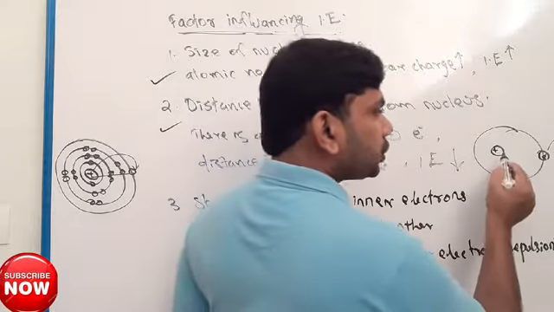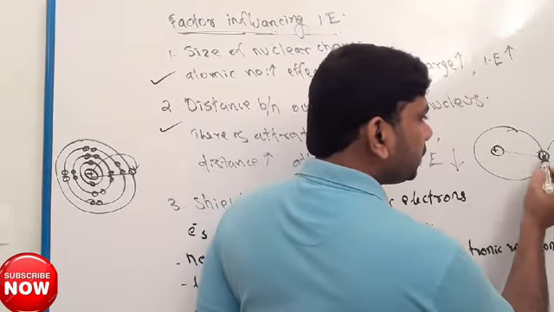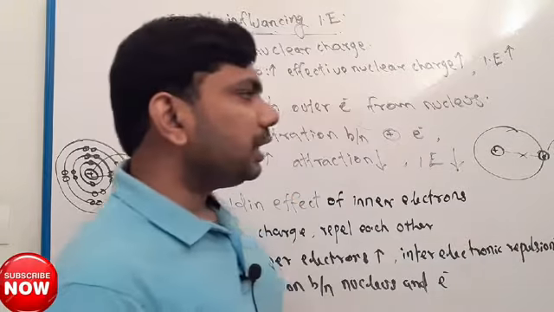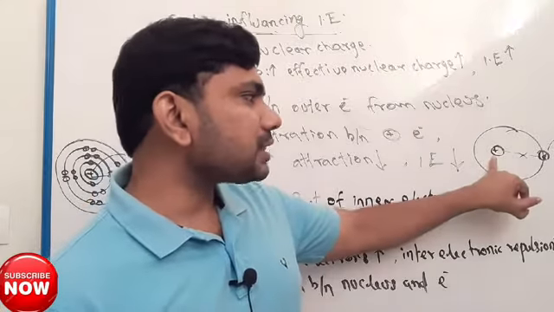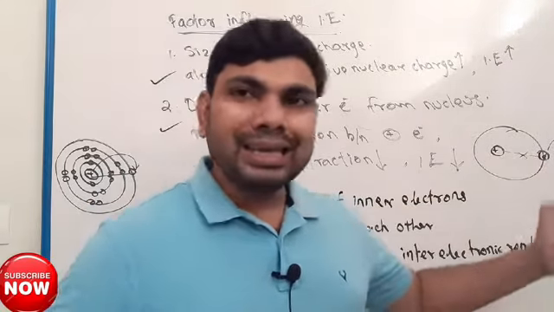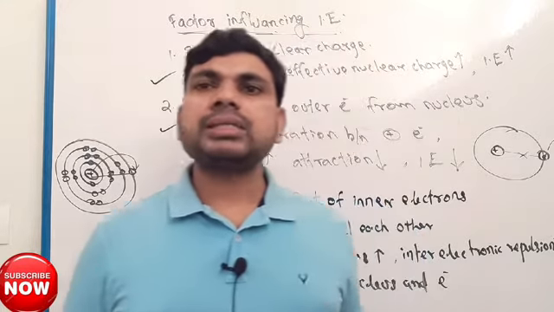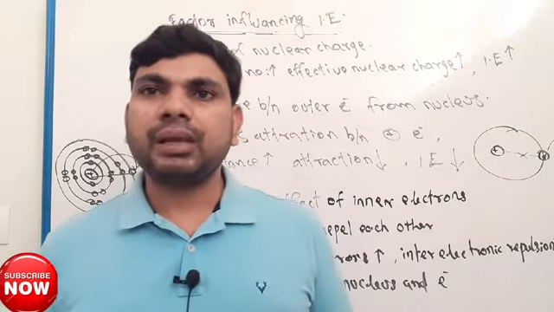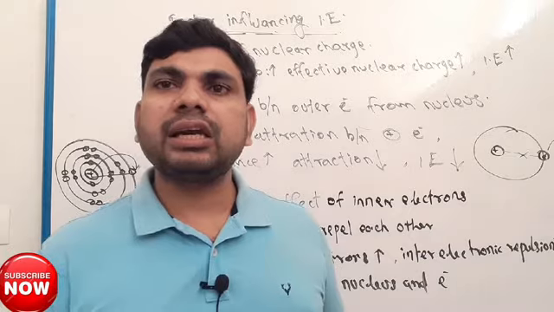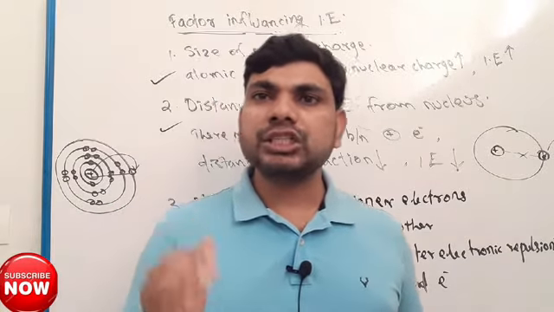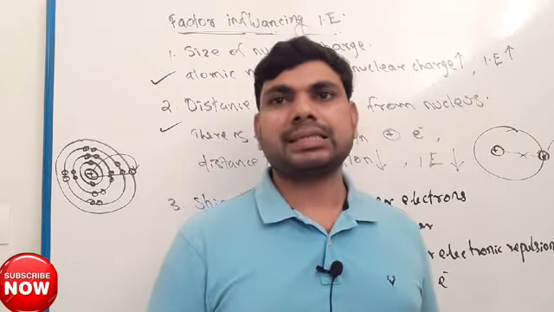A positively charged nucleus and a negatively charged electron, there will be attraction. So when the distance between the nucleus and outer shell electron increases, there is less attraction, and less energy is required to remove the outer shell electron. So ionization enthalpy decreases.